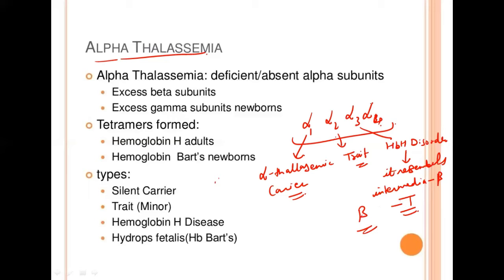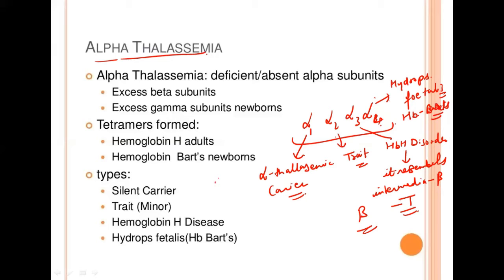Then if the fourth gene is deleted, what will happen? In case all 4 genes are deleted, it is called hydrops fetalis. In this case, the hemoglobin in such patients is Hb Barts.